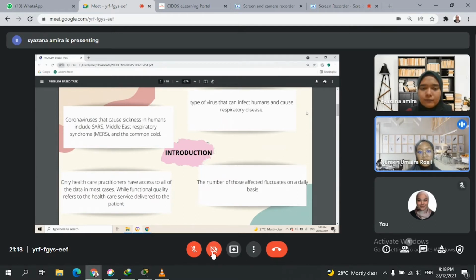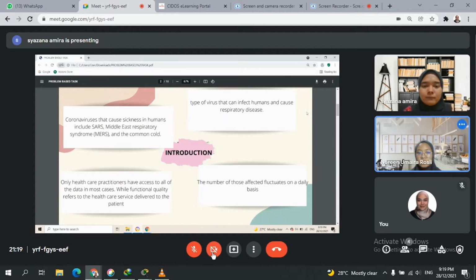The technical accuracy of the diagnosis and procedure is what determines quality in the healthcare industry, and only healthcare practitioners have access to all of the data in most cases, while functional quality refers to the healthcare service delivered to the patient and is a measure of the patient's satisfaction with the service. In this example, the hospital offers a variety of services to its patients, and many patients nowadays suffer from illness due to COVID-19 symptoms.